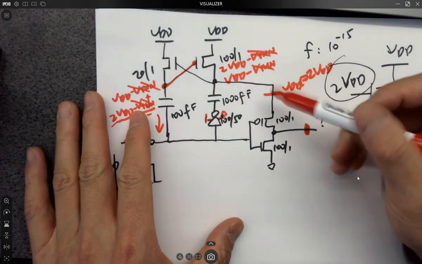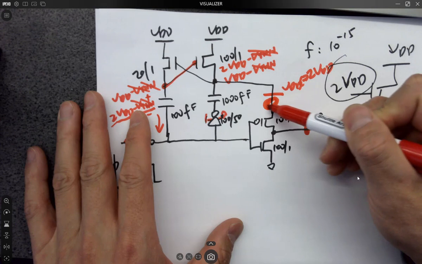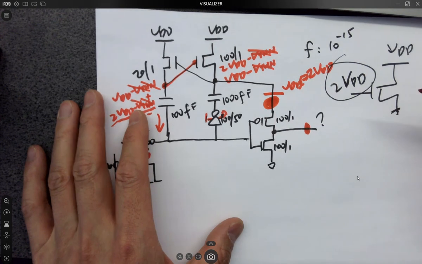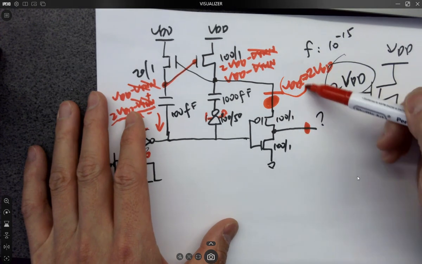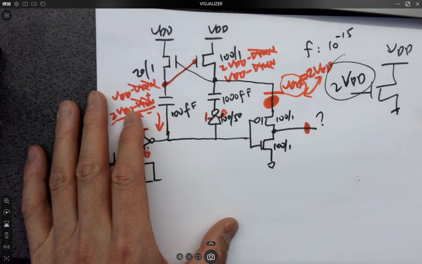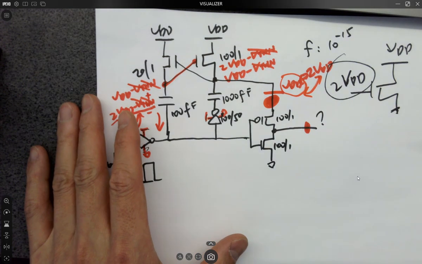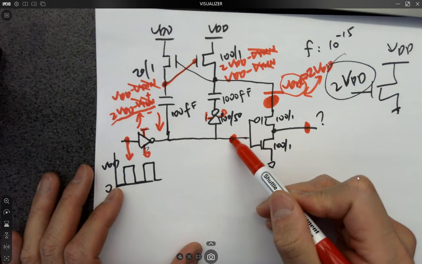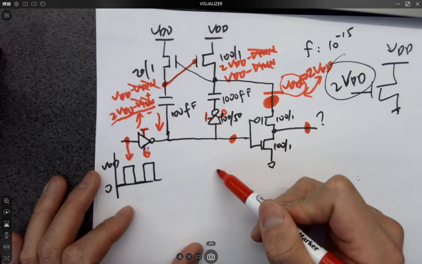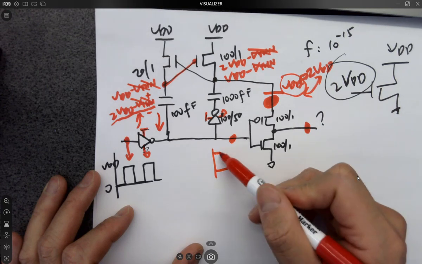Because it seems like the VDD point of the PMOS, right? It's oscillating between these two voltages, VDD and 2 VDD. What about this one? It's just VDD to 0, right?